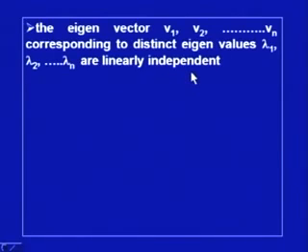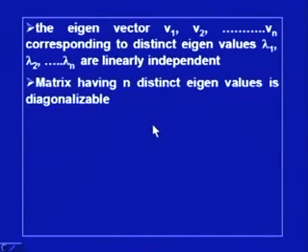This is the result which I have already discussed in my earlier lecture on eigenvalues and eigenvectors. So, this we have confirmed here also, and then a matrix having n distinct eigenvalues is diagonalizable.